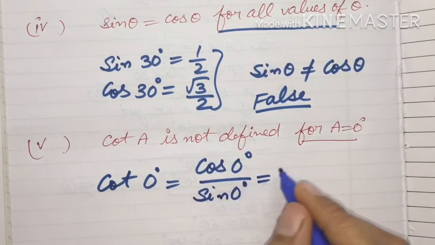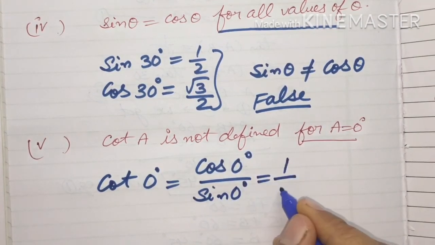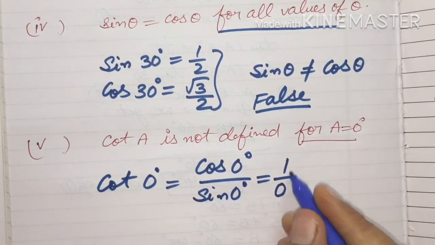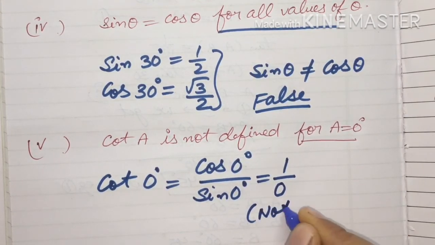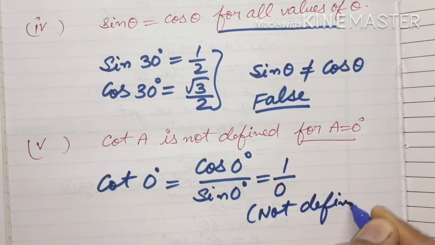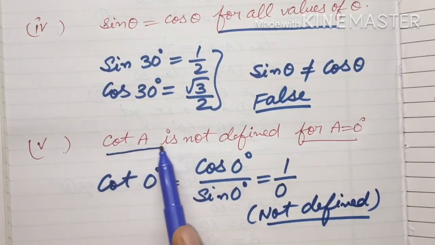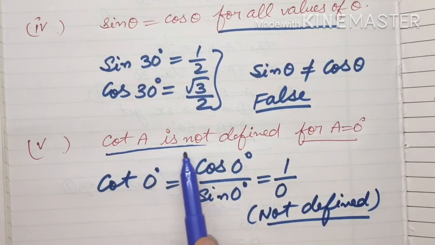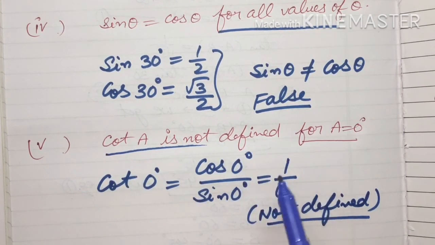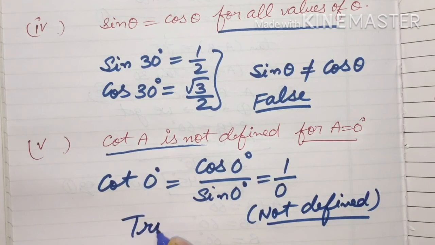So cos 0 degree is 1 and sine 0 degree is 0. So 1 upon 0, this is not defined. This value is not defined. So we can say that this fifth part, cot A is not defined for A equal to 0 degree, is true.